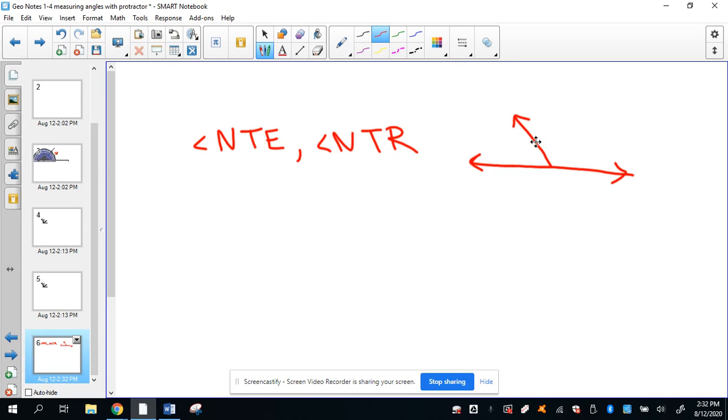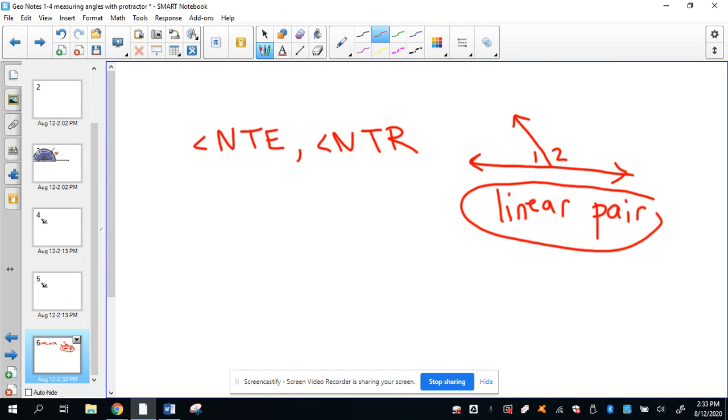Now the best way to describe these two angles that would be adjacent and supplementary is you call them a linear pair. So we will be using that vocabulary word for supplementary and adjacent. So instead of saying, yes, they're supplementary, we know they add to 180, and yes, they are adjacent, we would say they're a linear pair. Okay, and that was D, one correct answer. And an angle supplementary to angle RTS is angle RTL.